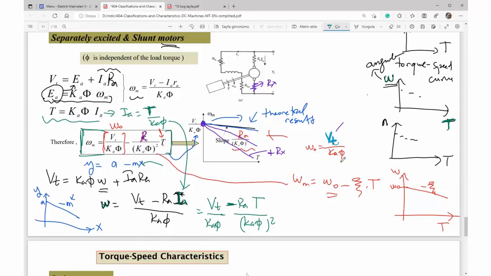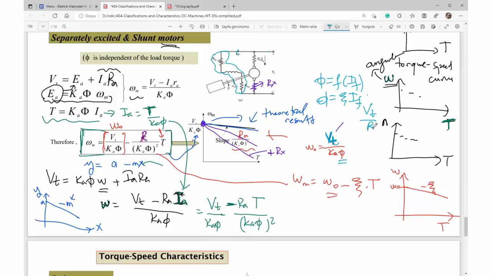What about flux? Flux is a function of field current. Let's say a linear function of field current. Field current is a function of applied voltage over some resistances around this loop.